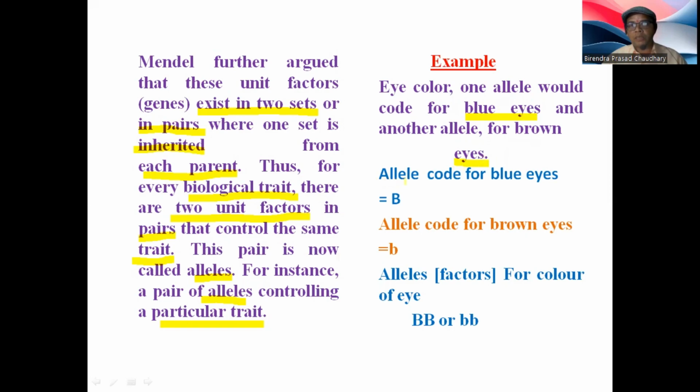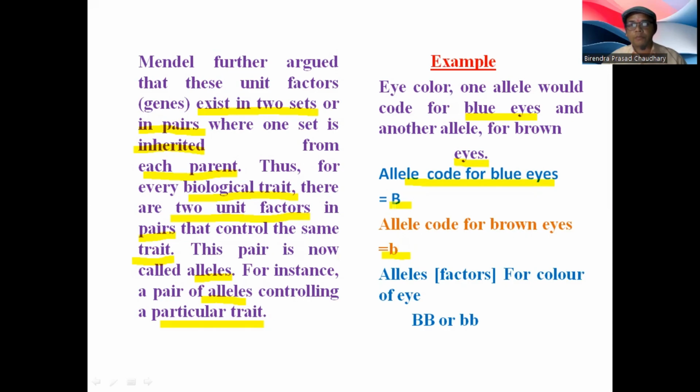Here you can symbolize the allele coding for blue eyes as capital B, and the allele coding for brown eyes will be small b, okay. So these capital B and small b are the alleles, the factors that determine the inheritance of the trait, or you can say the eye color, which is a biological trait.